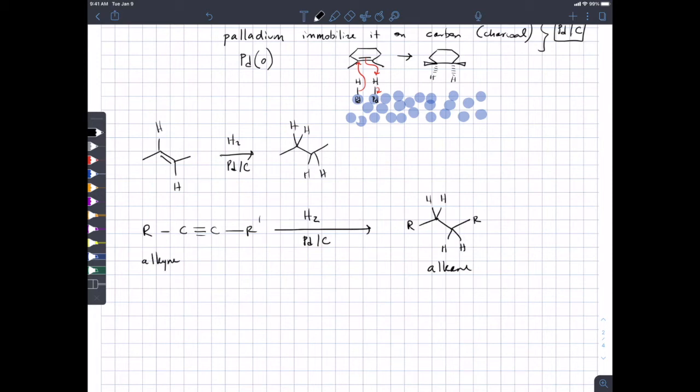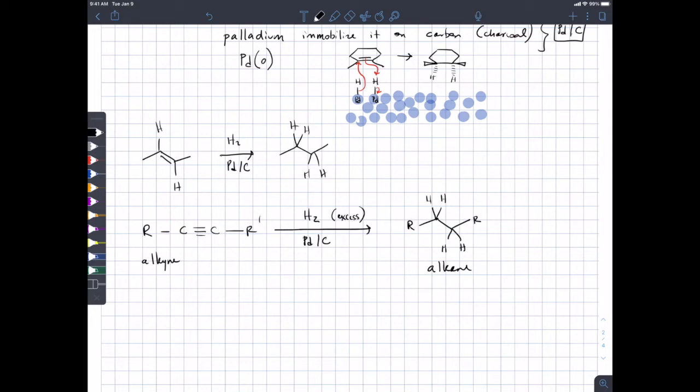And this works pretty well. You may be wondering, could I not just add one equivalent of hydrogen and stop at the alkene? And in general, that doesn't work very well, because as soon as you form the alkene, some of it goes on to react to the alkane. So to avoid getting mixtures of products, we generally add an excess. And I won't ever specify that. I'm just putting it in the notes now so that you know why we go all the way down to the alkane. Questions so far?